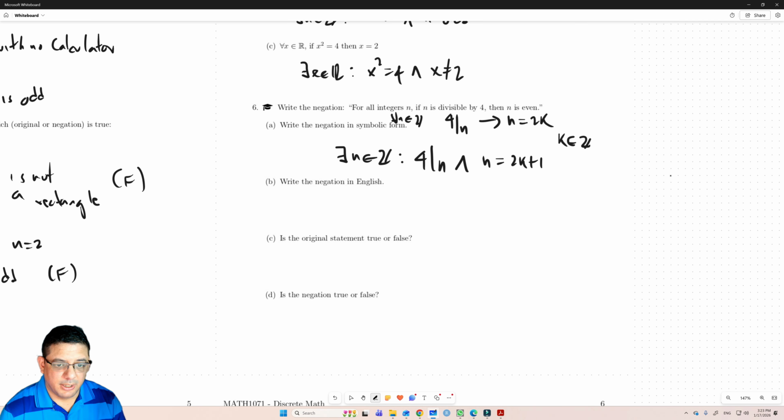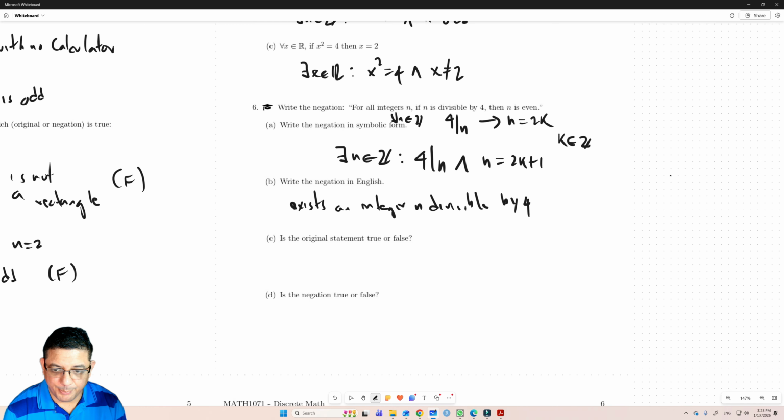Now the negation in English will be: there exists an integer n divisible by 4, but odd. This "but" is the "and", and odd is the negation here.